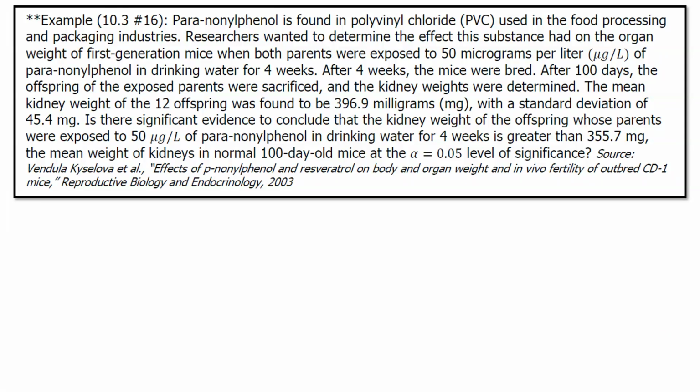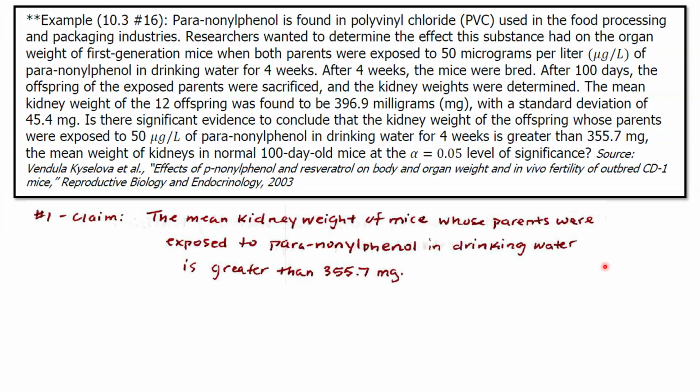Okay. So our claim is the mean kidney weight of mice whose parents were exposed to 50 micrograms per liter of para-nonphenol in drinking water is greater than 355.7 milligrams.